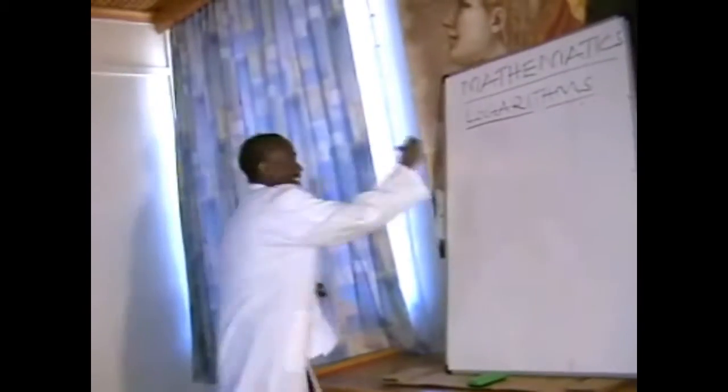Now, we cannot start talking about logarithms before we remind ourselves how we can express or write numbers in standard form. So I'm going to take us on a brief review of what standard form is before we start on logarithms.